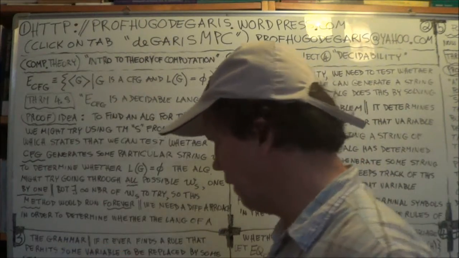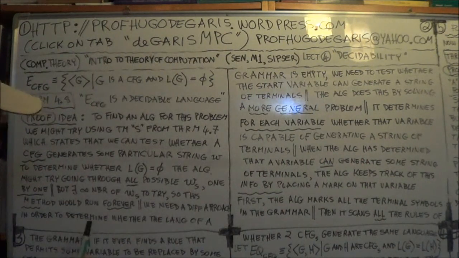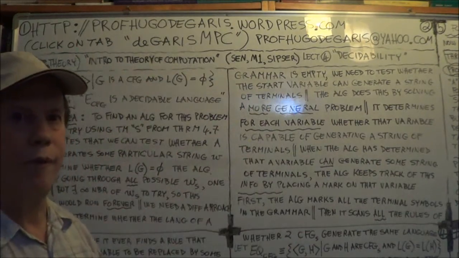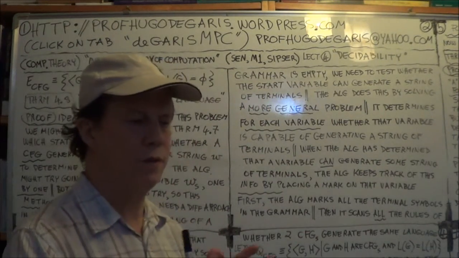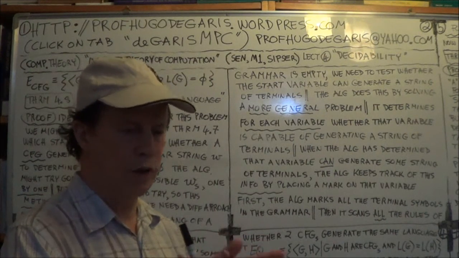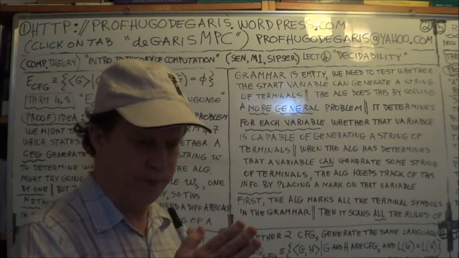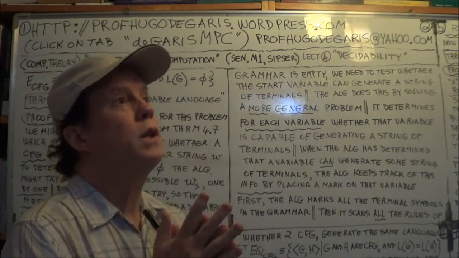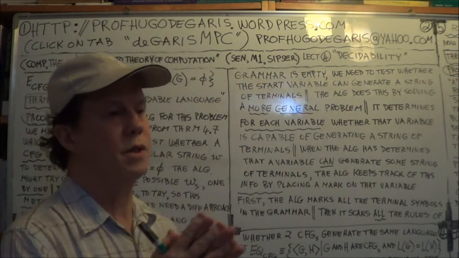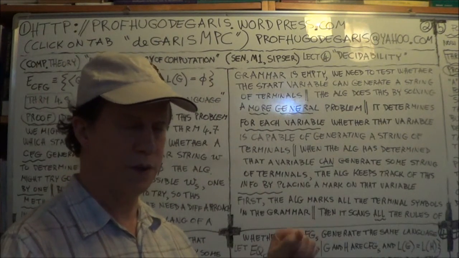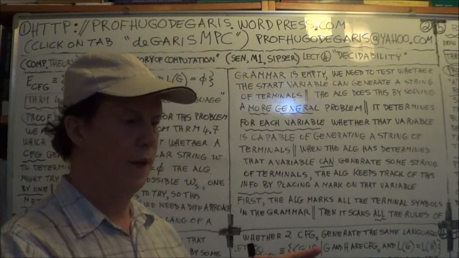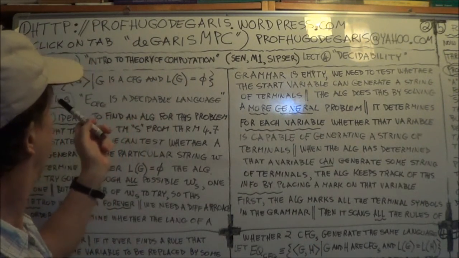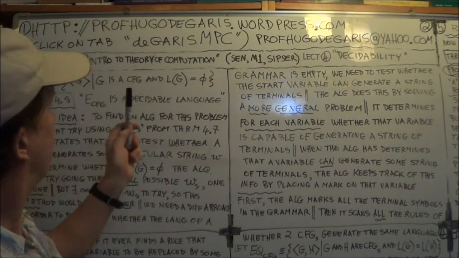All right. So we need a different approach. So how to determine whether the language of a grammar is empty? Because that's what you need, right? If you have an algorithm, because that's what we're trying to find. We're trying to find an algorithm, or a Turing machine, same thing, which answers a question for a given context-free grammar and a given string. So here, oh wait a minute, there's no string.